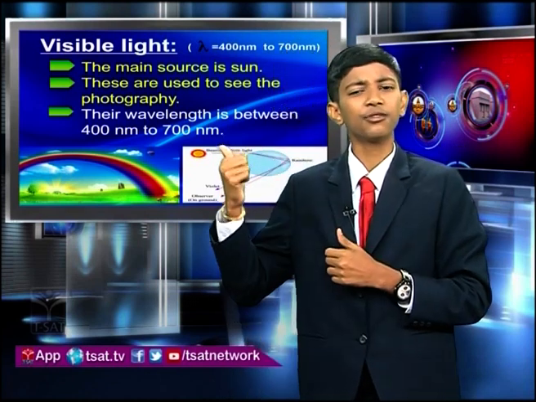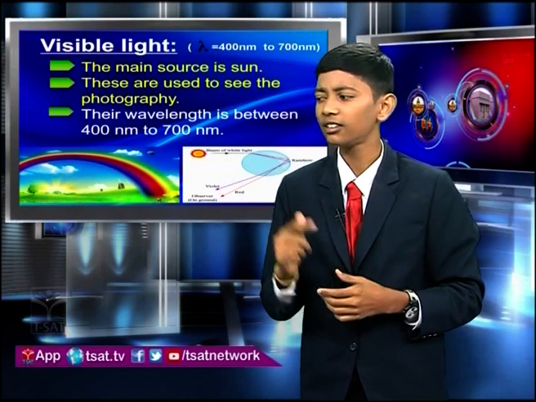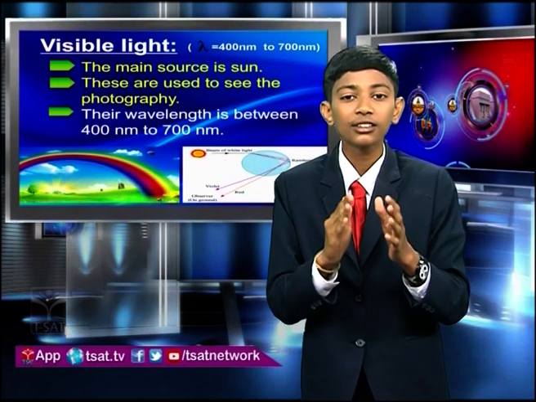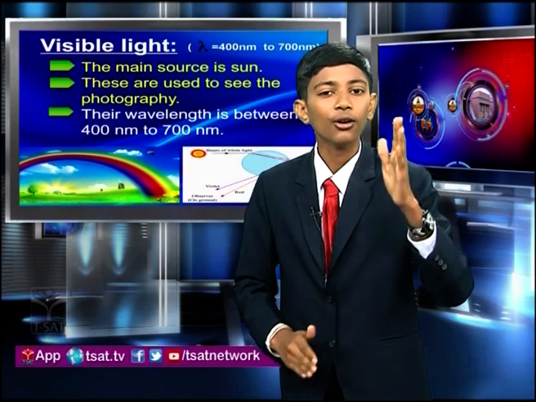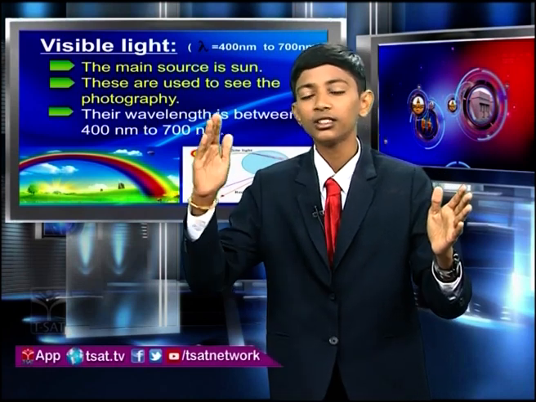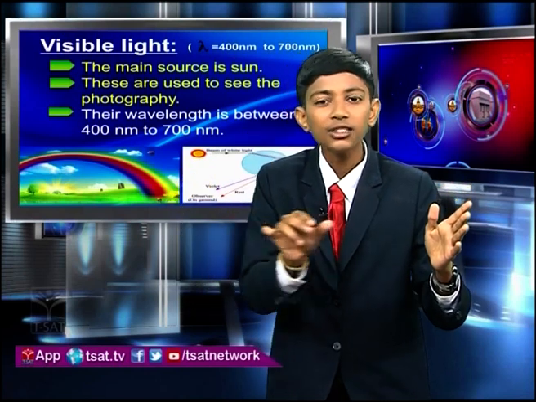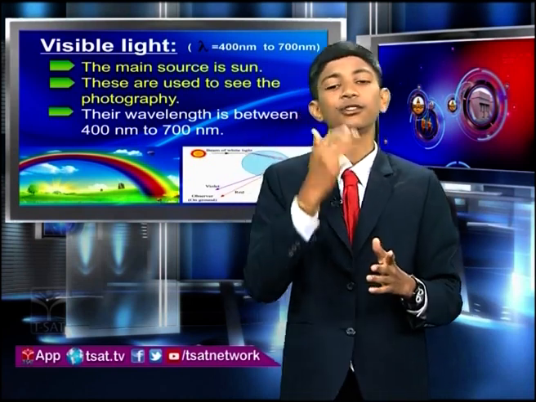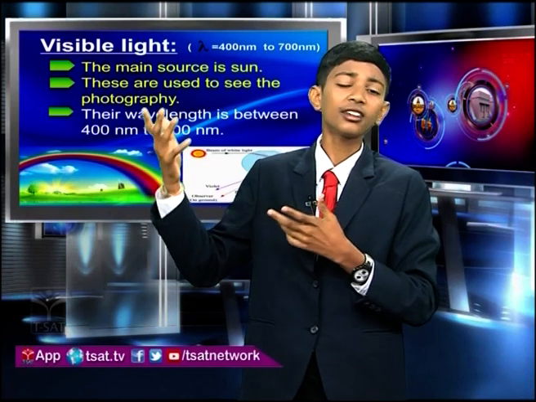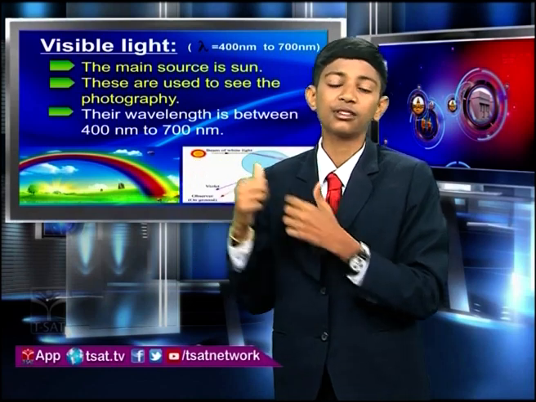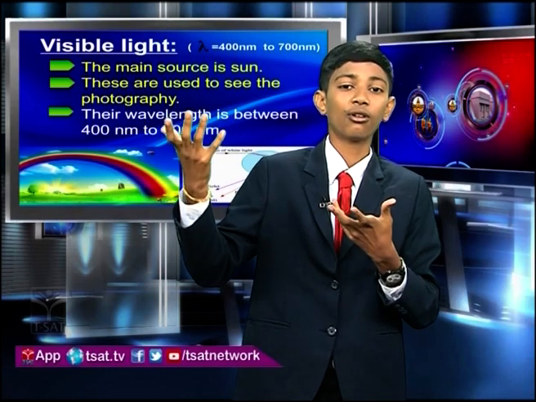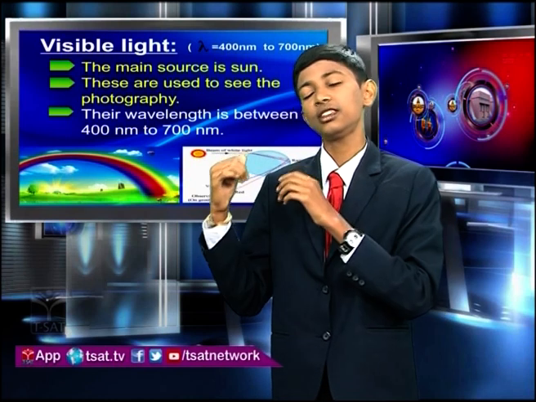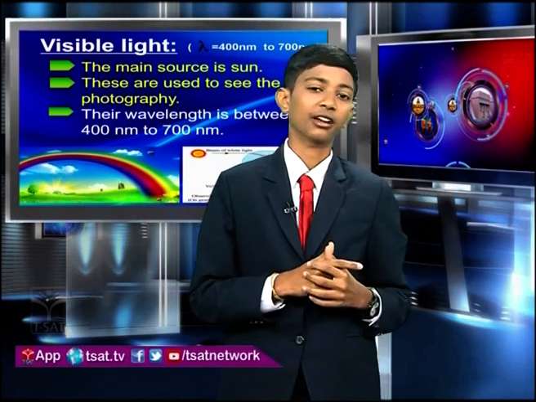The reason is that visible light has a wavelength between 400 nanometers and 700 nanometers only. Moreover, our eyes are very sensitive in this area. That's why visible light is visible to our naked eye. All other electromagnetic waves don't have such a wavelength, so they are not visible to our naked eye.